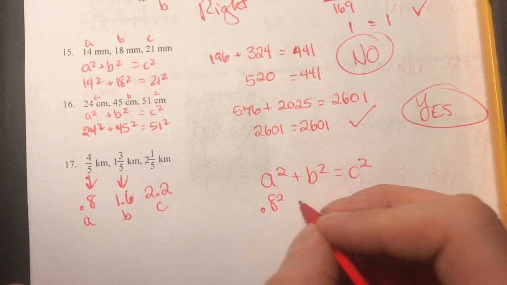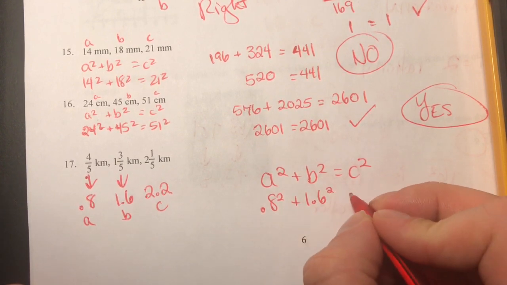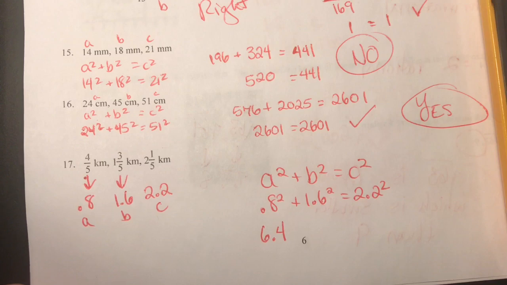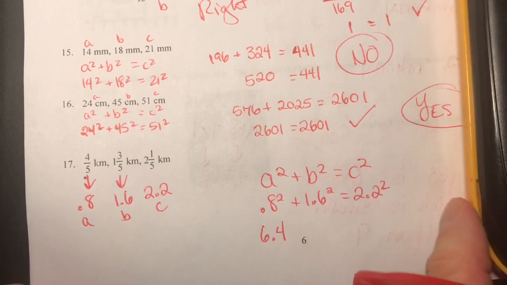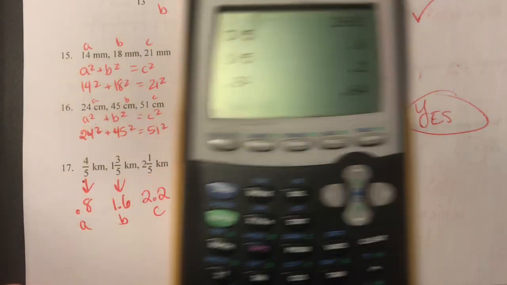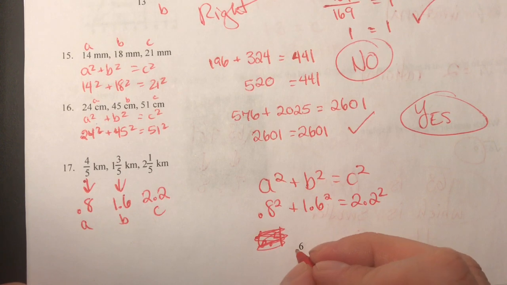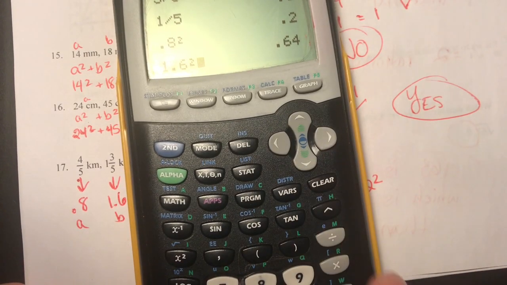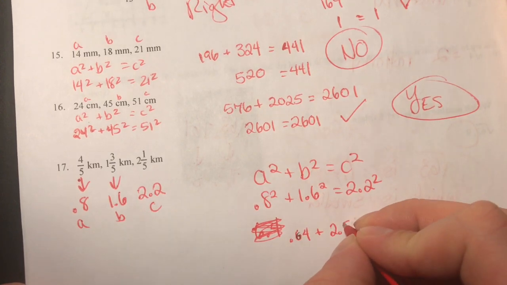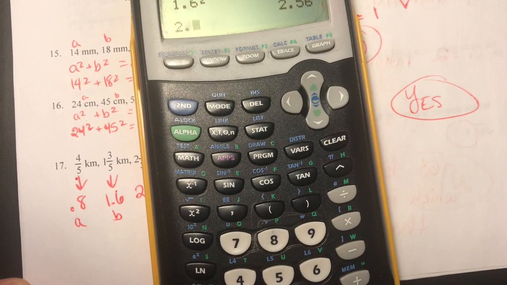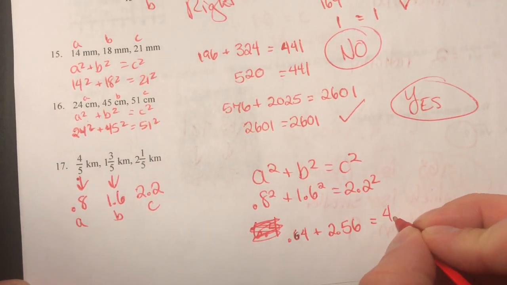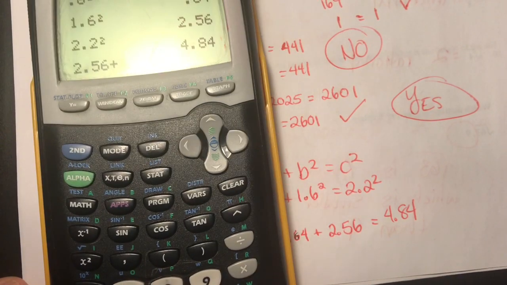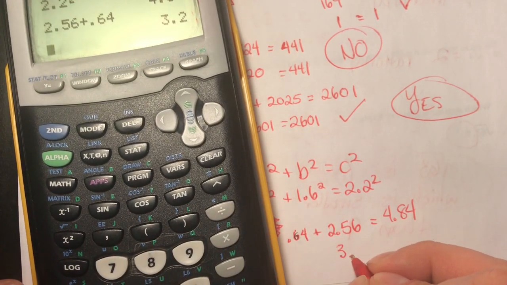So I'll do 0.8 squared plus 1.6 squared equals 2.2 squared. 0.8 squared is 0.64. 1.6 squared is 2.56. 2.2 squared is 4.84. 0.64 plus 2.56 is not going to be that number right there.